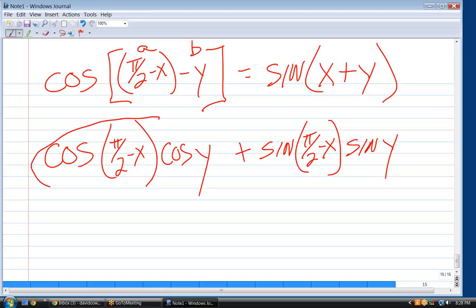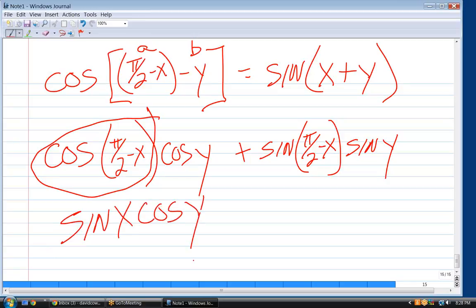Now, what is that equal to? That equals sine of x, cosine y, plus, what is that equal to?